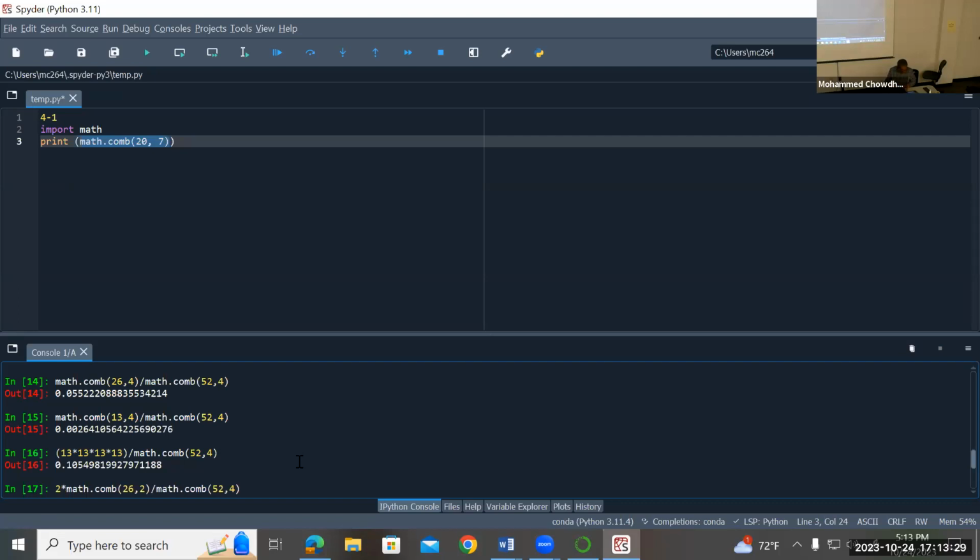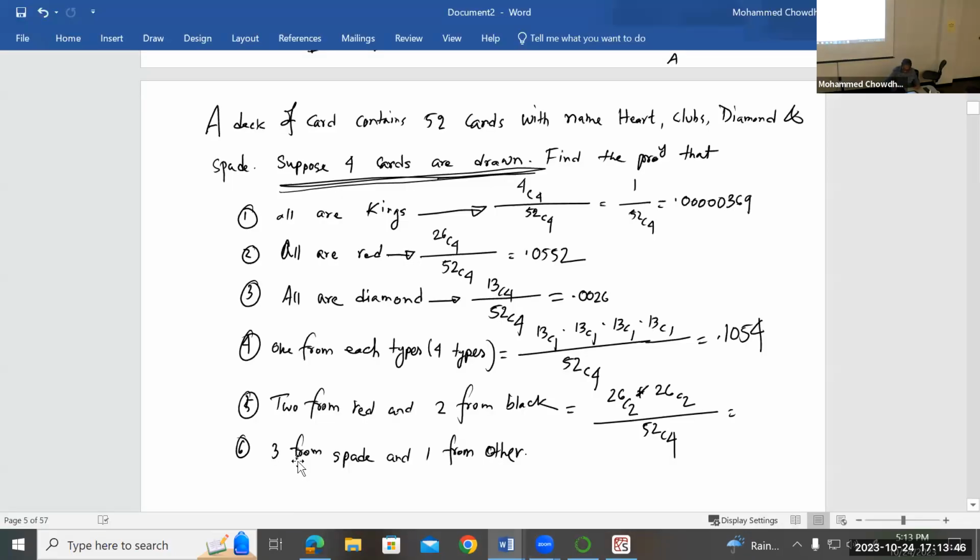Let's see whether it will work. Yes. The answer is 0.0024.